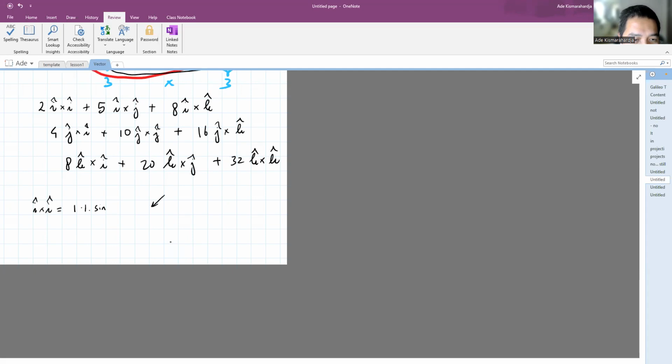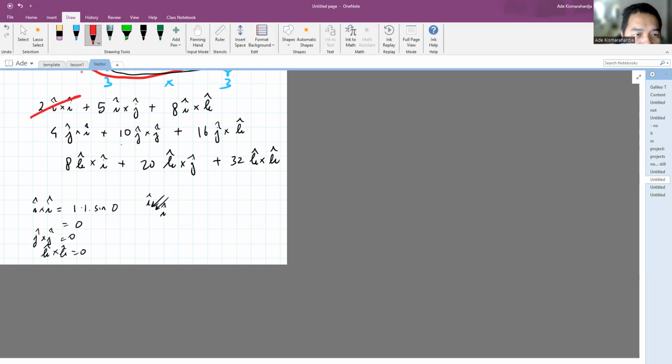Now, if you have these two where they are the same unit vector, essentially they are pointing in the same direction, right? And therefore, the angle between them is 0. Now, sine 0 is 0. So essentially what I'm showing you here is i cross i is 0. And that's also the same thing as j cross j, that's also 0. And also k cross k, that's also 0. So essentially, these terms will disappear, because they are 0.